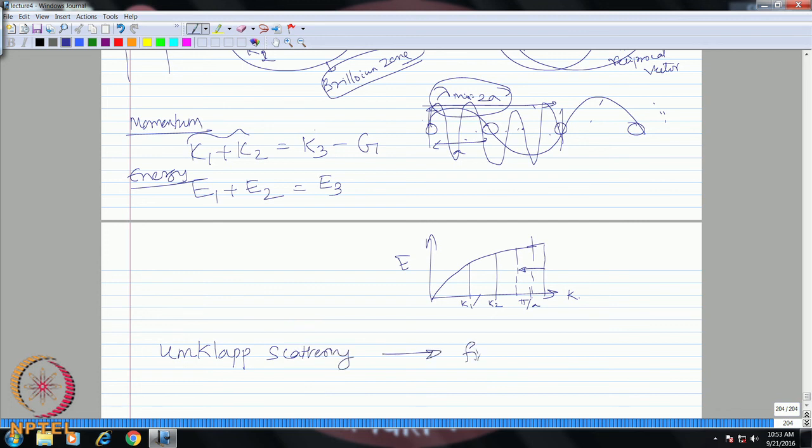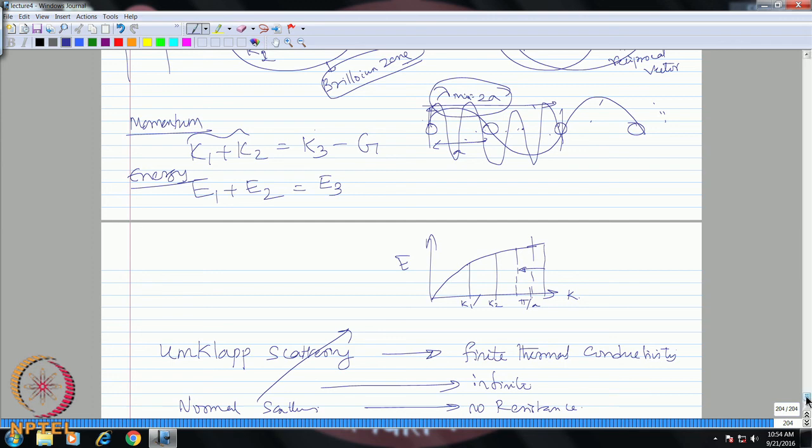So, to summarize, the Umklapp scattering process contributes to a finite thermal conductivity. If there was no Umklapp scattering, you would have infinite thermal conductivity, whereas normal scattering does not contribute to any resistance.